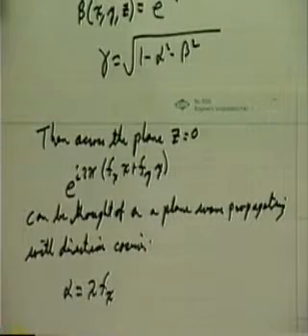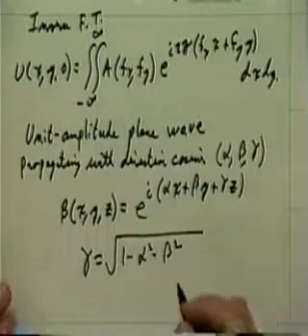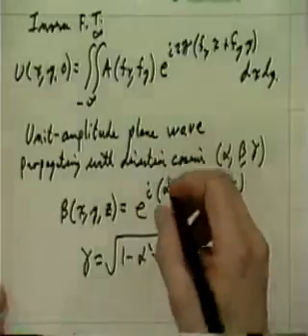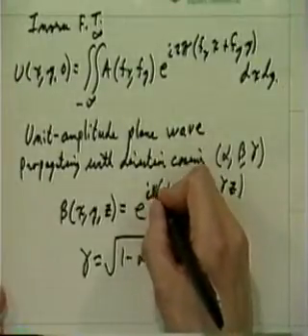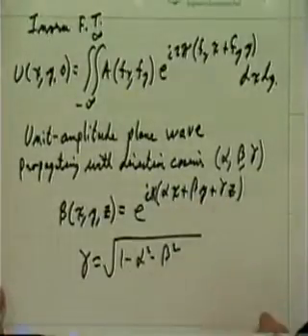Okay. I think looking back at my paper, there's a mistake I left. I left something out here. I was checking to see if you were awake or not. I guess no one was. There should be a k in here. Okay, e to the i k (alpha x plus beta y plus gamma z). Missing k.